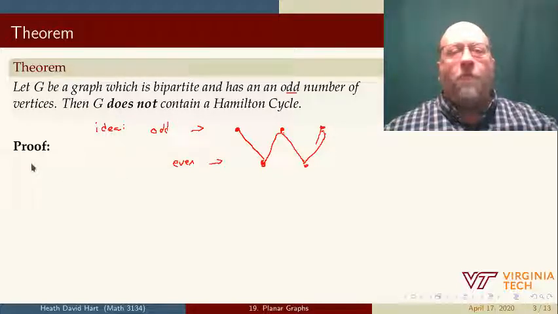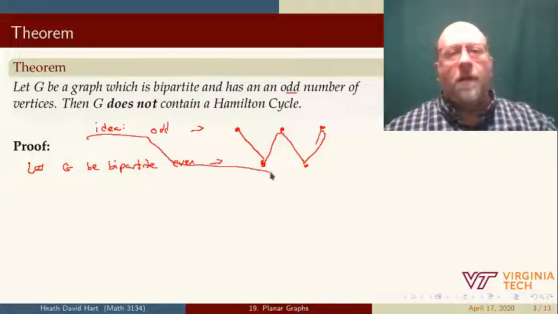And so we'll have a proof. Let G be bipartite and have an odd number of vertices.